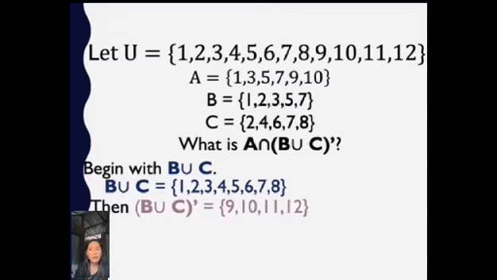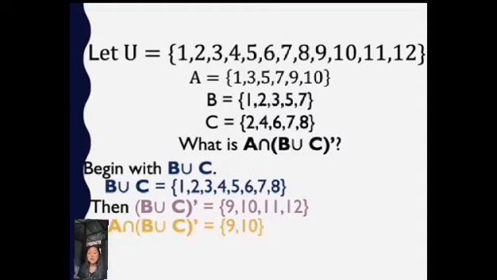Since you need its complement, you can easily get the complement of the set as 9, 10, 11, and 12. Now, solving its intersection with A, the only elements that are similar in its complement and A are the elements 9 and 10, so the answer is 9 and 10.